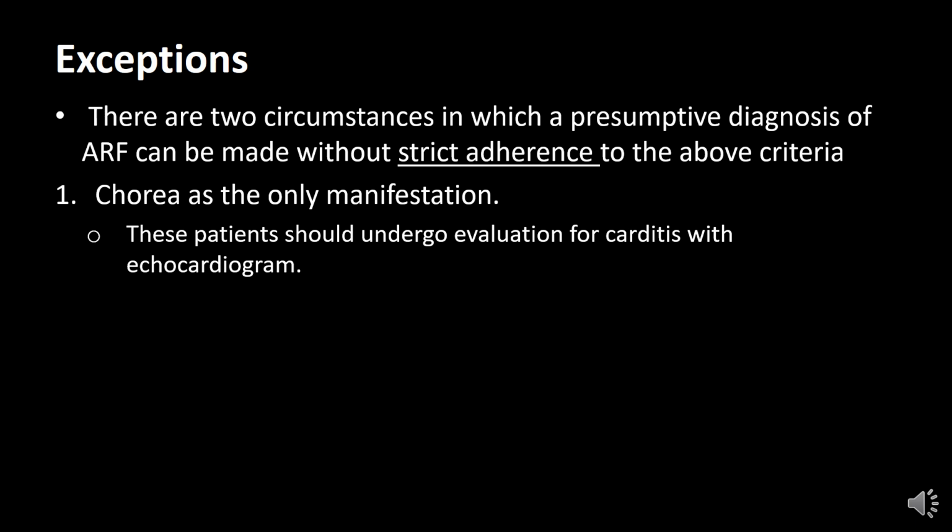There are exemptions to that rule. And the first one is chorea being the main manifestation. Any child who presents with acute rheumatic fever and the only sign they're having is chorea, which we shall see in a short while, this patient can be diagnosed as having acute rheumatic fever without following the Jones criteria in a very strict manner.